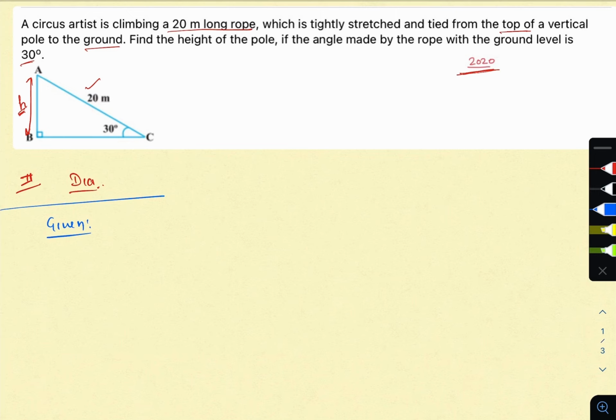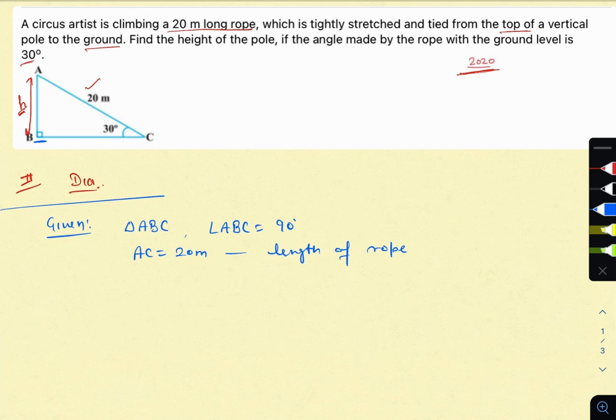So first of all, from this question what I am getting is that we are having a triangle ABC. In this triangle, angle ABC is equal to 90 degree. It is mentioned here. And we are having the length of AC, that is 20 meter, which is the length of the rope.